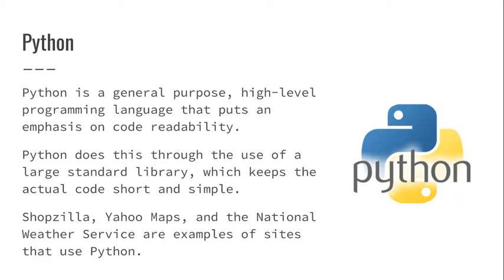Python was built so that you can look at it and actually read it and see what each thing is doing just by reading it, right? It has a large standard library, which means that your code can be really, really short and very simple and easy to read. Shopzilla, Yahoo Maps, the National Weather Service, these are all websites that use Python.